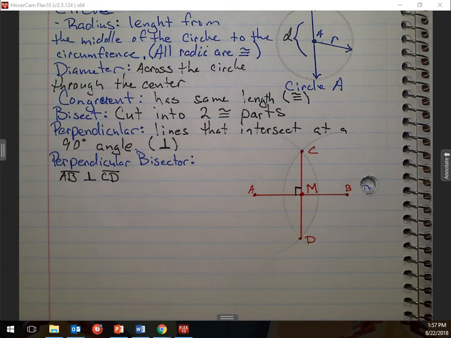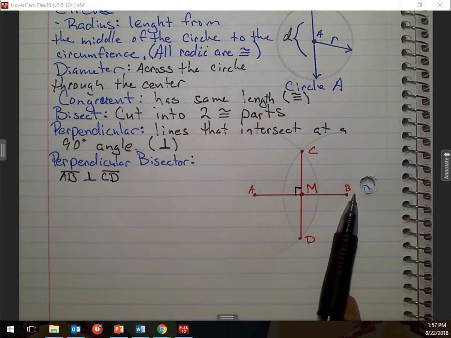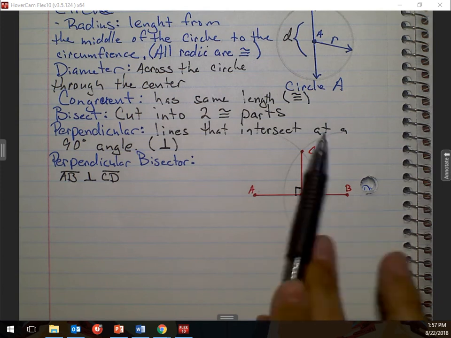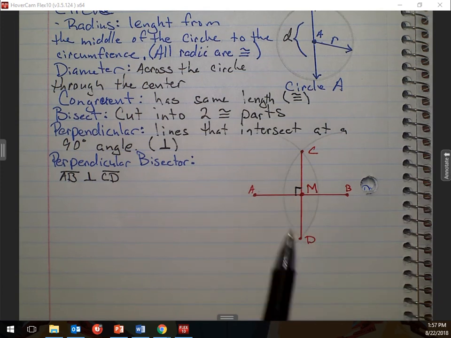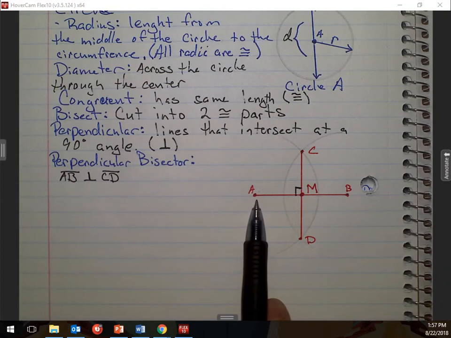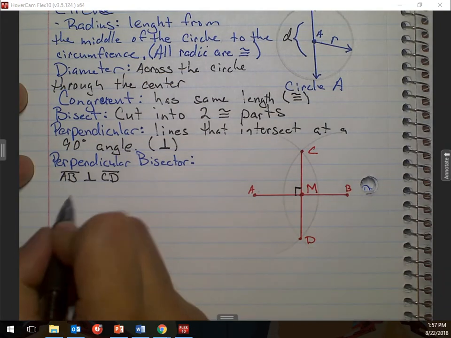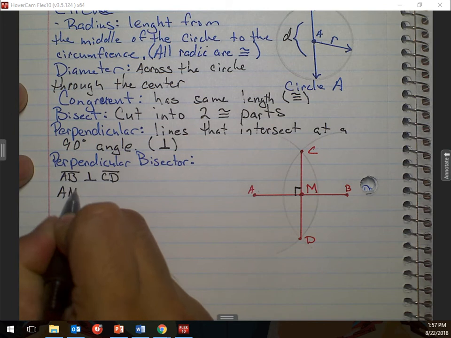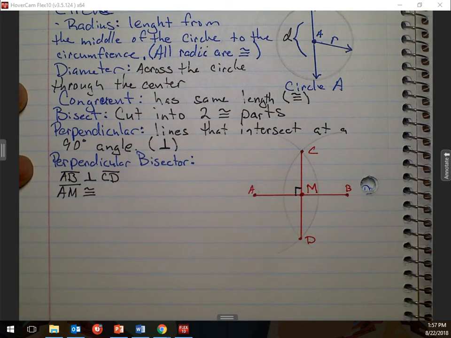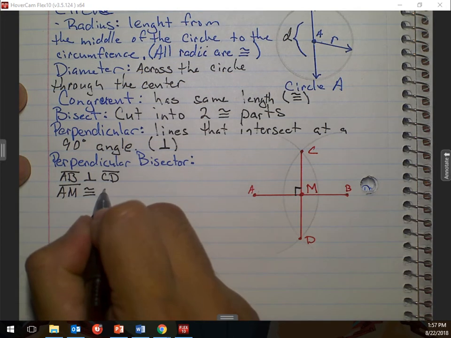And I know that if the sandwich is AB, CD is cutting it at M. So how much does he get? He would get from where to where? A to M. So we're going to say that AM is going to be congruent to, what's my other side? BM.